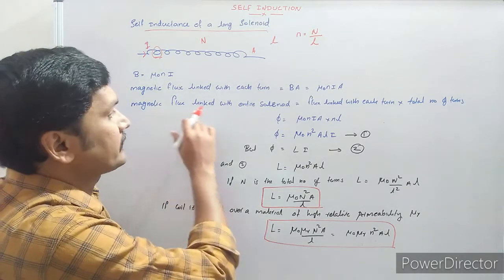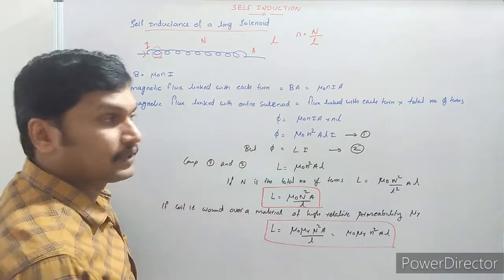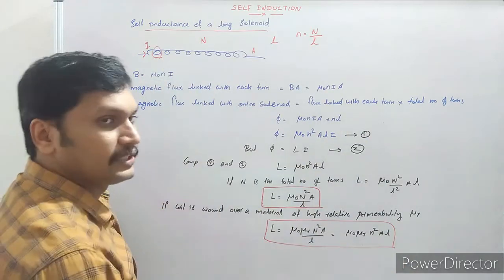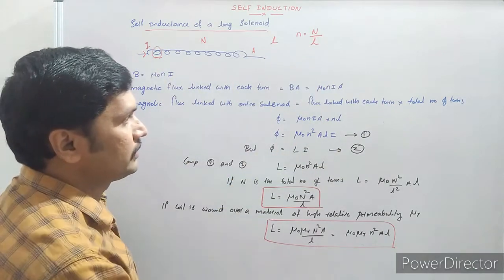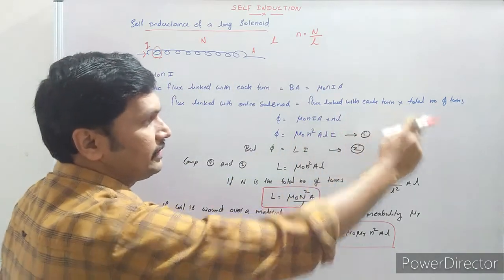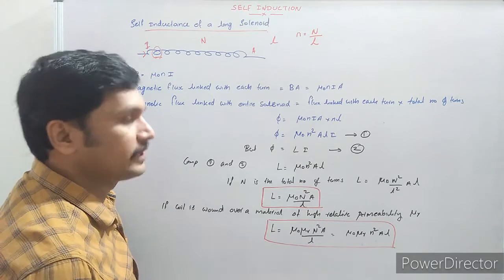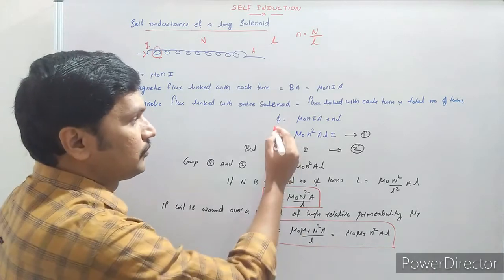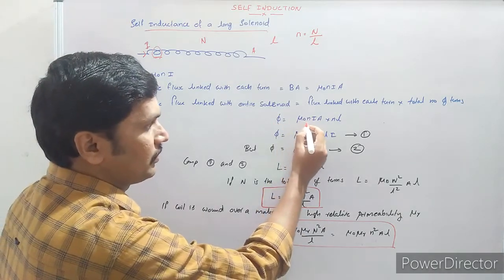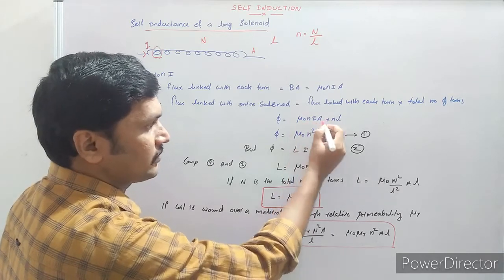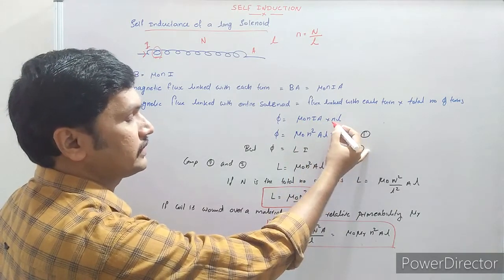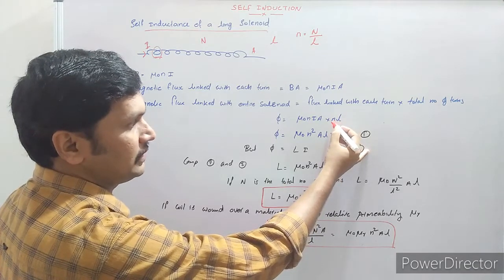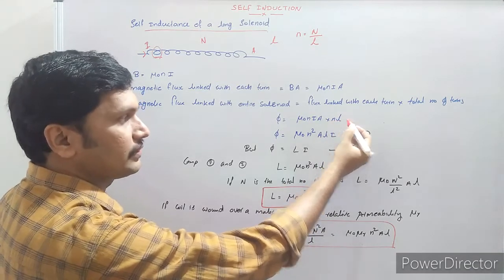So what is the magnetic flux linked with the entire solenoid? This is the flux of a single turn. So the total magnetic flux of this solenoid is equal to the flux linked with each turn into the total number of turns. So flux phi is equal to mu 0 n i A, the flux of a single turn, into the total number of turns. The total number of turns is equal to the number of turns per unit length into l, n into l.